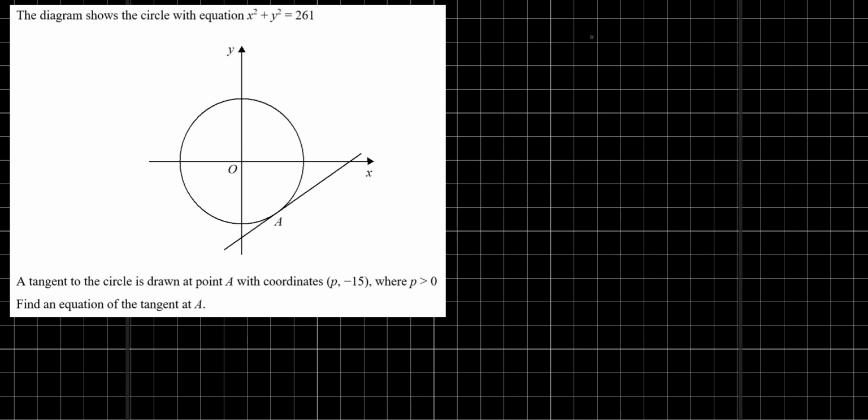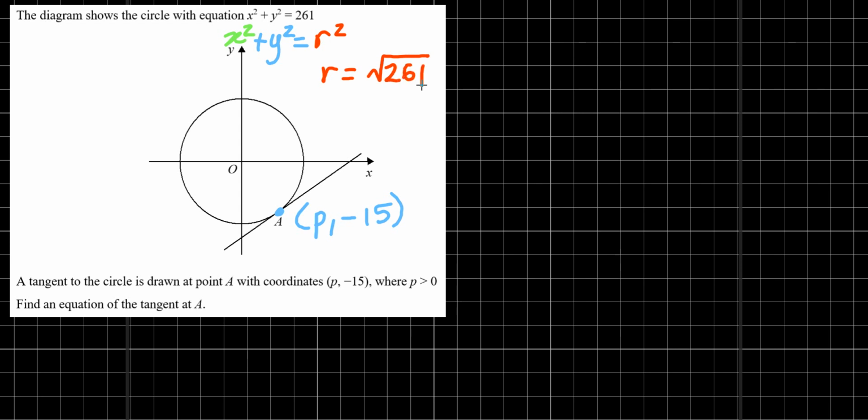Right. So what we're trying to do is look at point A in more detail. Point A is given as (p, minus 15). Now, the equation of a circle is given in terms of x squared plus y squared equals r squared, so our r is going to be the square root of 261.